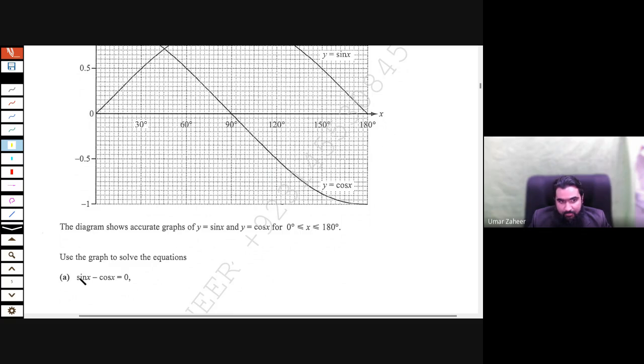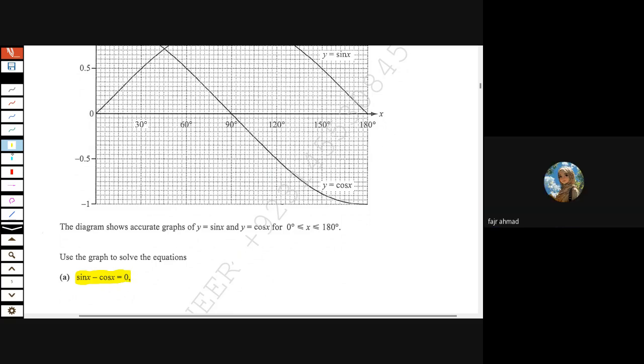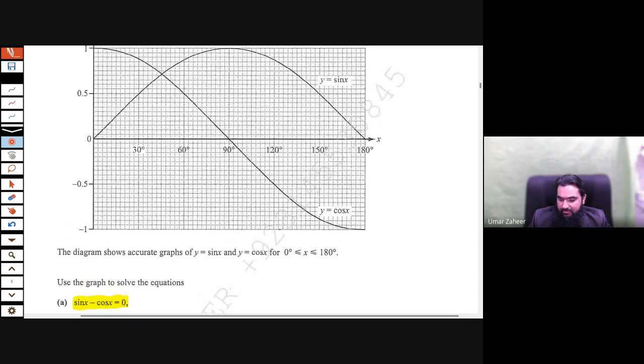Can anyone explain what it means by sine x minus cos x is equal to 0?